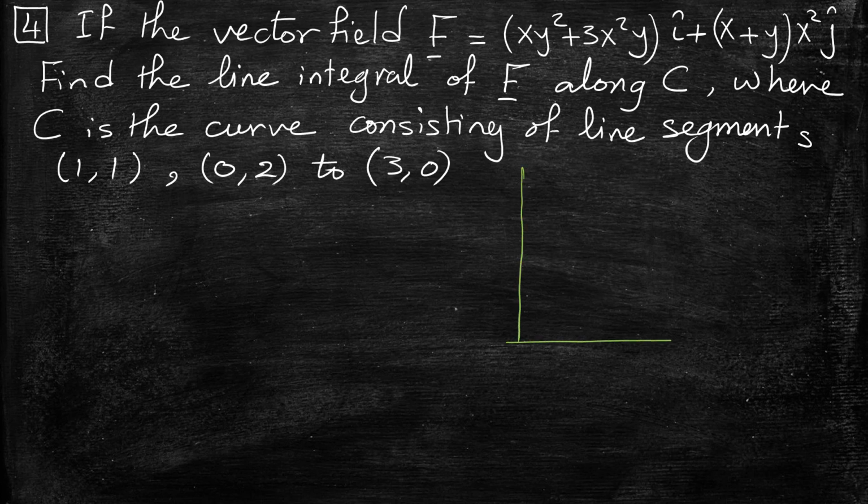So we have some curve and some line segments. Let's consider this one here. This is x and this is y. And we have 1 and 1, and then we have 0 and 2. So this is 2, for example, here. And this is 2, this is 3, and we have 3 and 0.